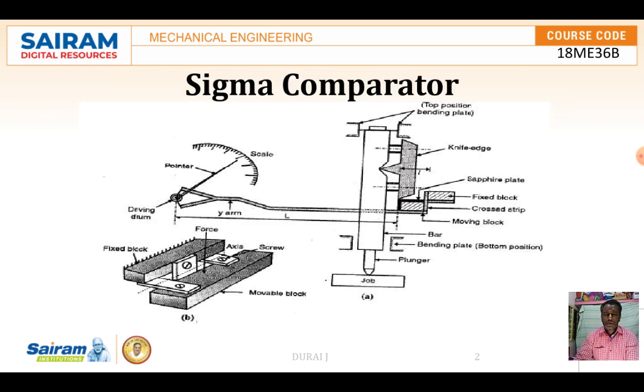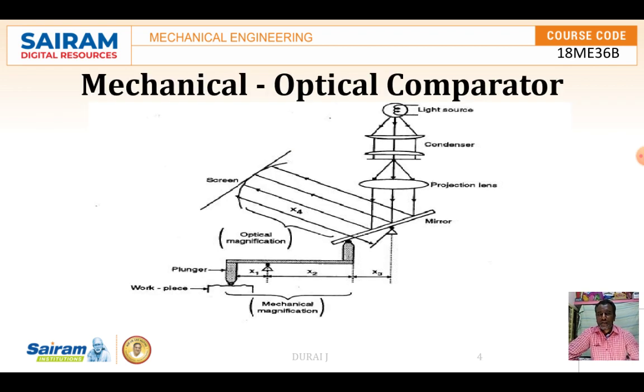This sigma comparator is a mechanical comparator, and it does not require any external devices to operate. Then comes the next one, the mechanical optical comparator.